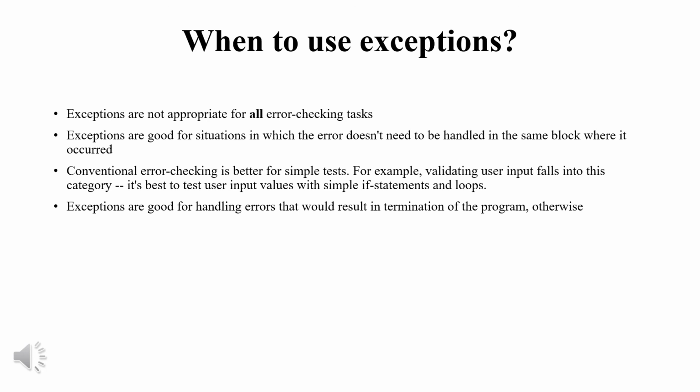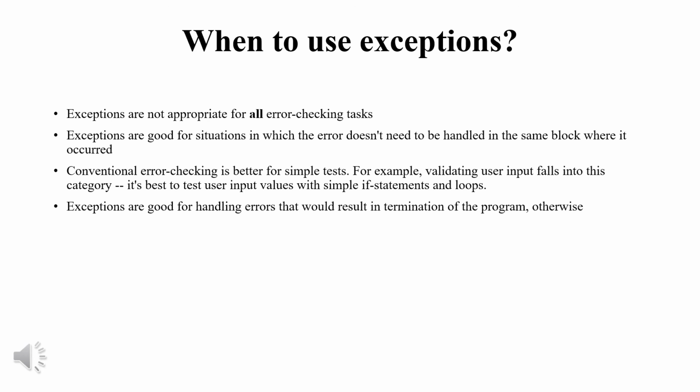For example, you may want to validate the user input, right? Check whether it's in an appropriate format or such things. That's a very simple example. It's better that you don't use exception for this example. Instead of exception, you can easily use very simple if statements and loops, right?